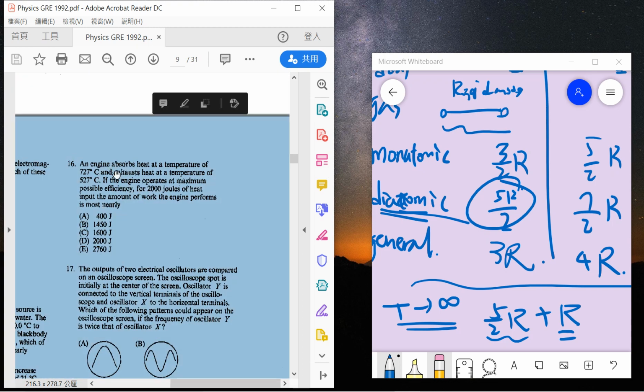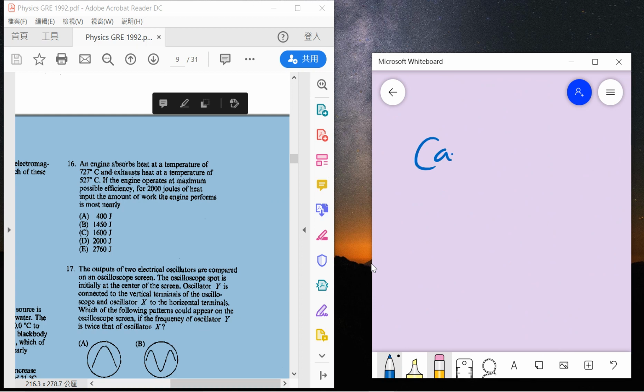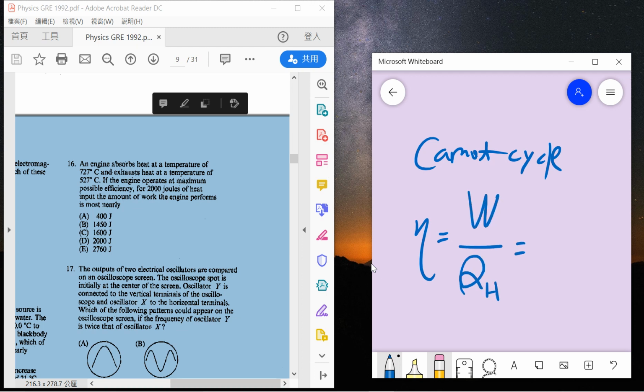Okay, 16 says the energy absorbed at the temperature is out. Basically this is the Carnot cycle. The efficiency is defined as work over heat extracted from the heat bath, and this is 1 minus Tc over Th.